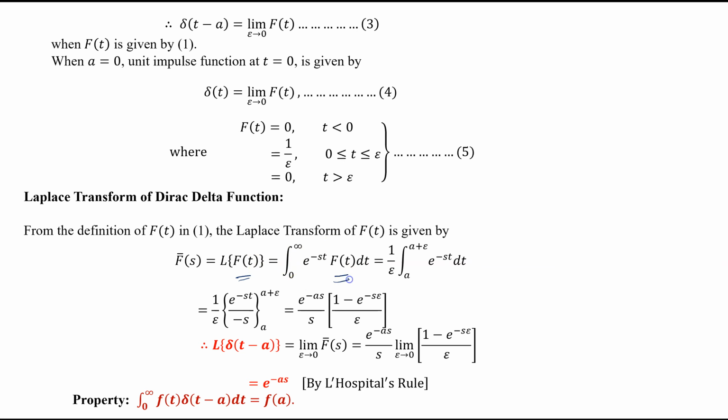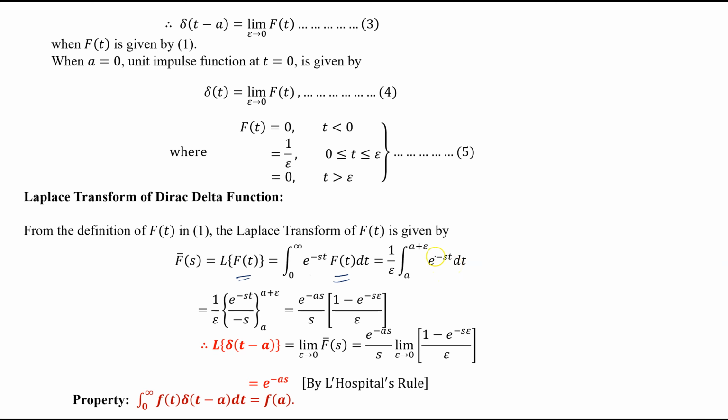But this f of t exists only in the interval a to a plus epsilon, as we have seen. That's why we have taken the integral a to a plus epsilon, and in that interval the value of f of t is 1 by epsilon. As 1 by epsilon is constant, we have taken it outside: 1 by epsilon integral a to a plus epsilon e power minus st dt.